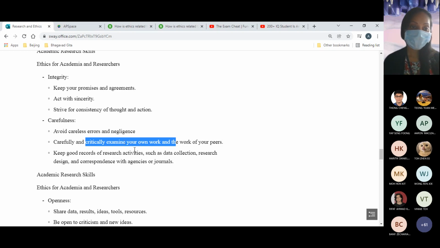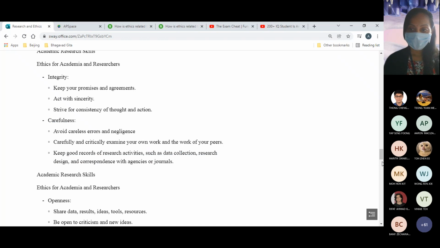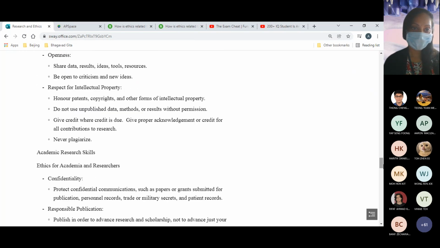So that's why we have to be very careful, and it's very important to keep good records of research activities. And in research, openness is very important. You must share your data, results, ideas. Like what you say, a researcher will not be trusted otherwise.